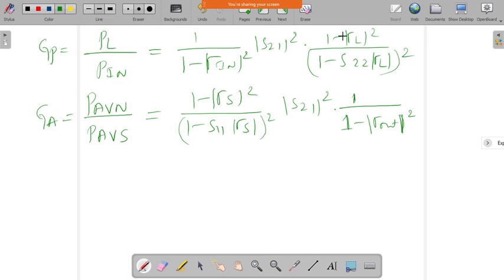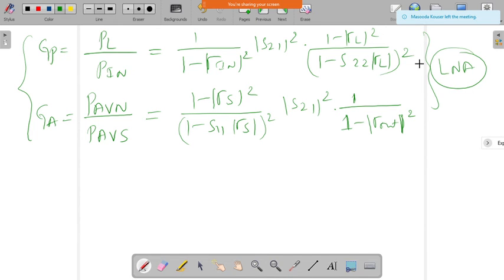Here the term 1 minus gamma L square is not there; instead, this ratio appears, so the available power gain and the transducer gain are interrelated. These gain equations will be used when we go for low noise amplifier design, so just remember these expressions as of now. They are used particularly in applications like low noise amplifiers, maximum power amplifiers or maximum gain amplifiers. But in general, what is the gain?